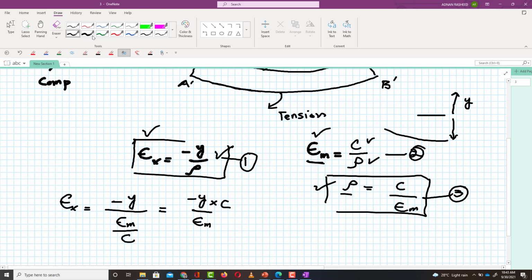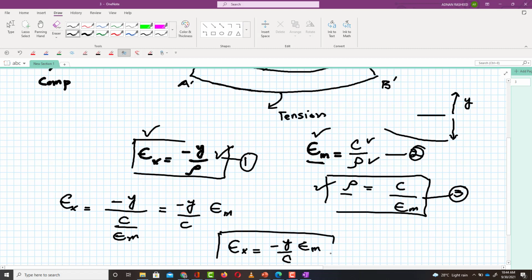And when you put this in the equation, epsilon x is equal to minus y over c into epsilon m.